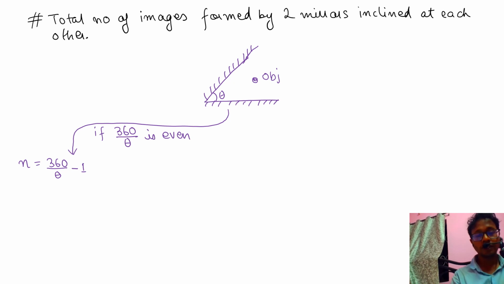That means if this was 90 degrees, then 360 by theta would be 4, and 4 is even, so the total number of images would be 4 minus 1, which is equal to 3.